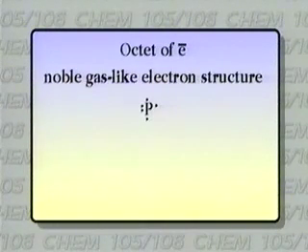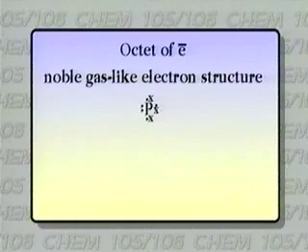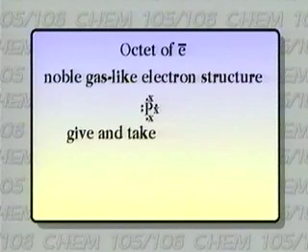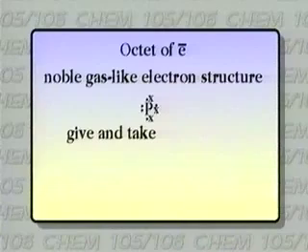And we said that looking at this, we might suspect that what phosphorus would want to do is somehow gain 3 additional electrons. We'll just use X's. It doesn't mean that electrons are different, but to gain 3 electrons. And it can do this by a give and take process. If it's a give and take, in other words, phosphorus is going to take electrons, something needs to give electrons.